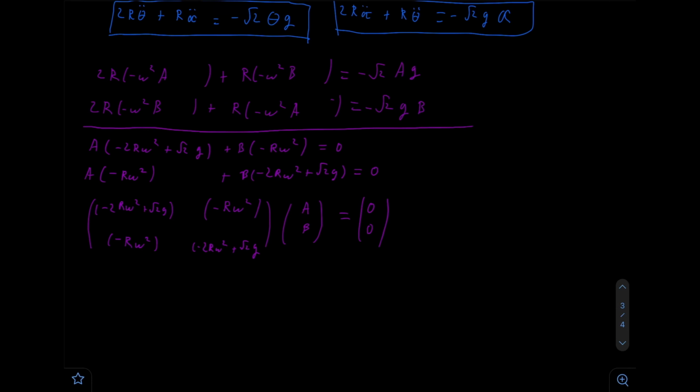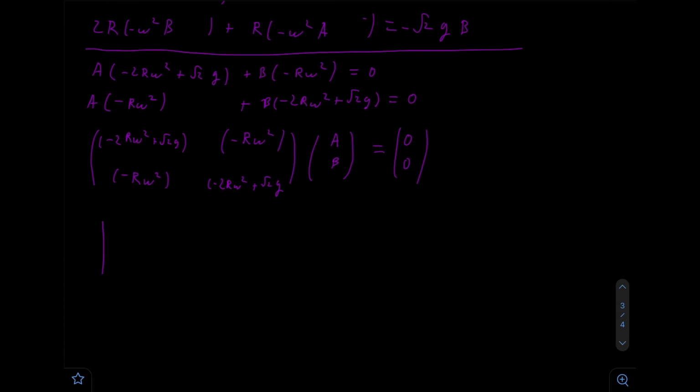And that means that we want this matrix to be singular, and the reason for that is because we don't want it to be invertible. So let's take the determinant of this matrix.